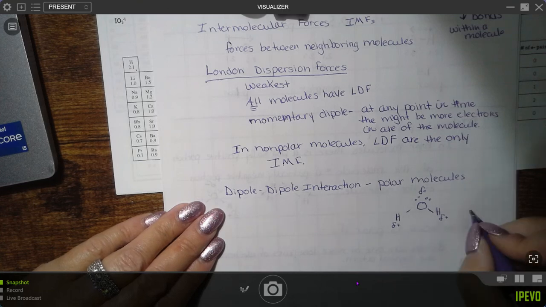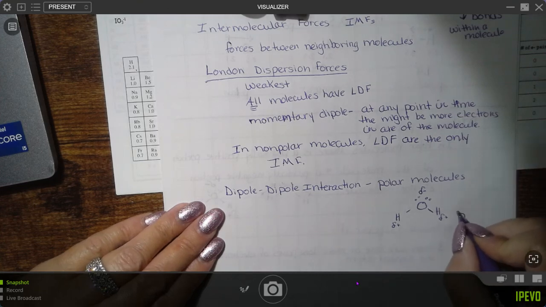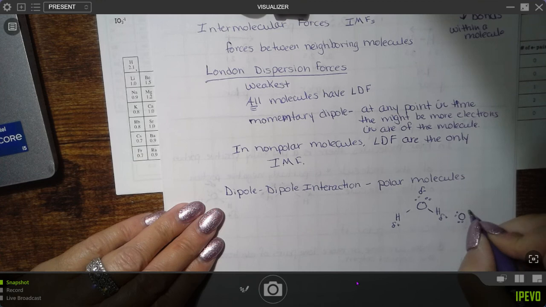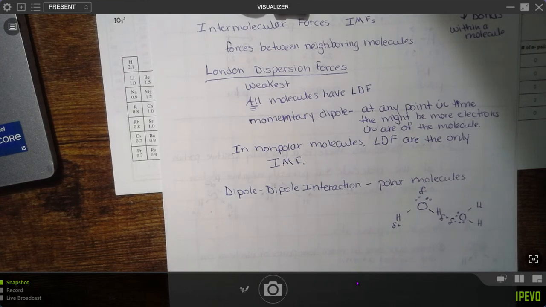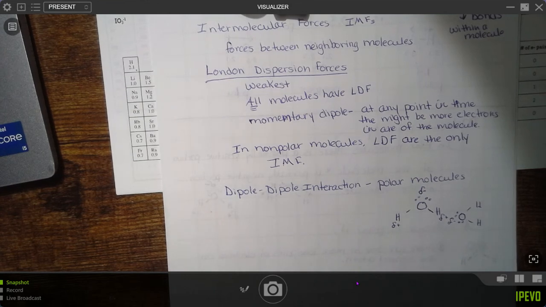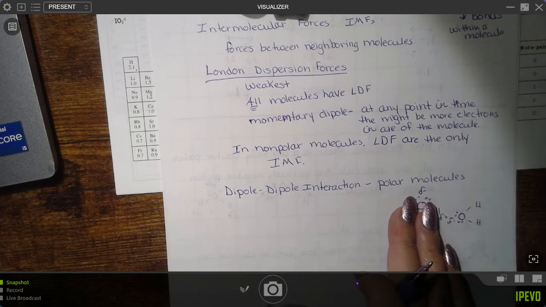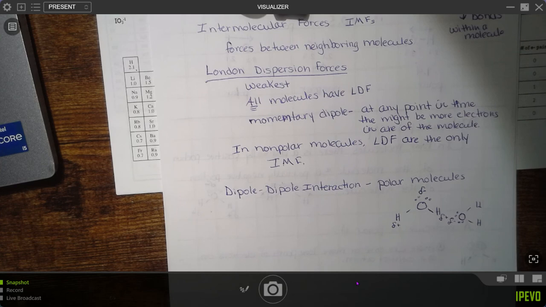These molecules are going to line up with the positives and negatives attracted to each other, so the positive portion of one molecule lines up with the negative portion of another molecule.